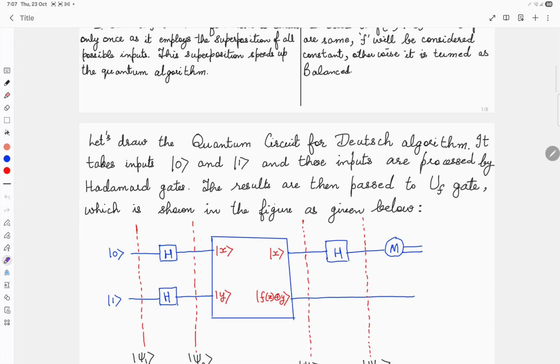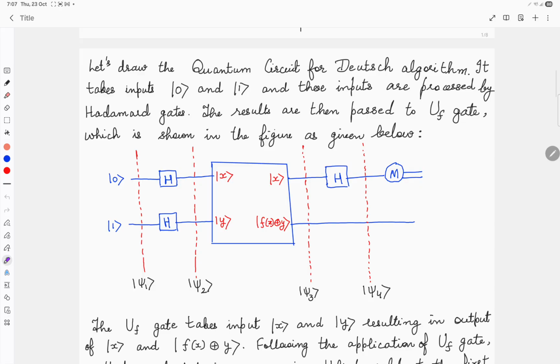Now let's draw the quantum circuit for the Deutsch algorithm. This is the quantum circuit that will perform the job of solving this problem. How is the initialization done? We take an input ket 0, and the other is an ancilla qubit, which is initialized to 1.